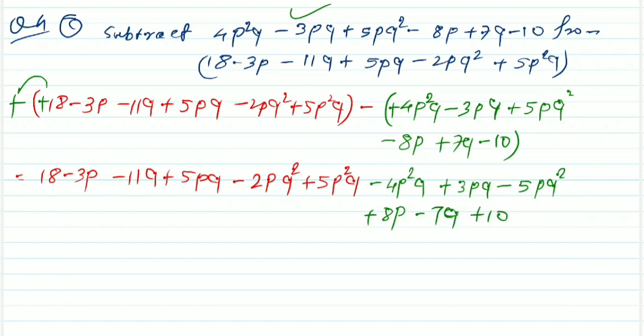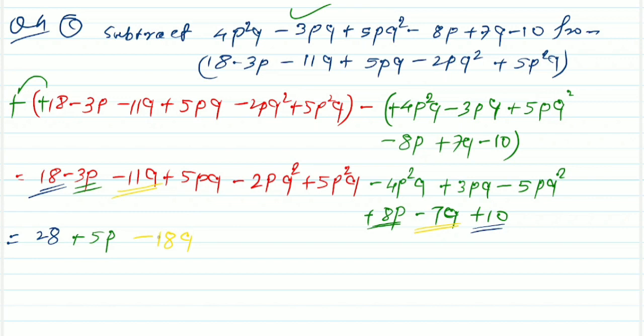So now we have to solve the like terms. 18 and 10, they both have the same sign, both are positive, so we just add them, give the same sign to the answer. Now move on to the next. Minus 3p plus 8p, different sign, subtract, give sign of bigger number to the answer. Then we have minus 11q with minus 7q, same sign, add, give same sign to the answer.